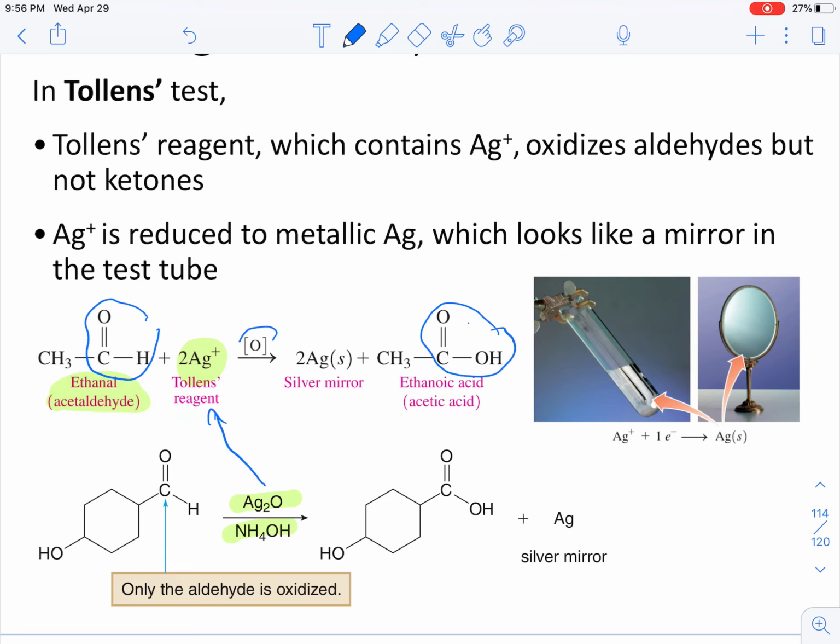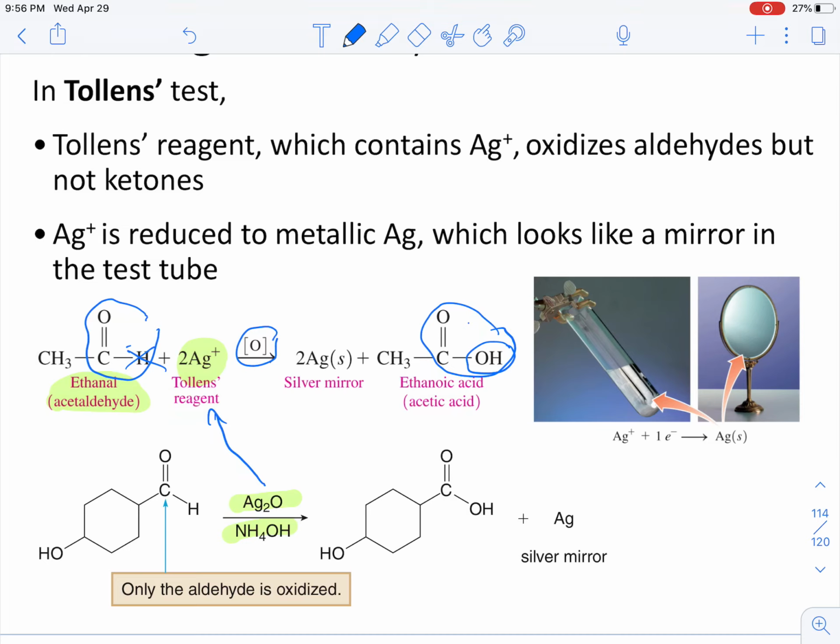Okay, so oxidation means that you're losing hydrogens, right? So we're going to break that hydrogen. It goes somewhere. We don't really care. And what we get in its place is a hydroxyl group from a water molecule that came from somewhere. We're not going to be focused on the mechanism, but altogether you just get a carboxylic acid.